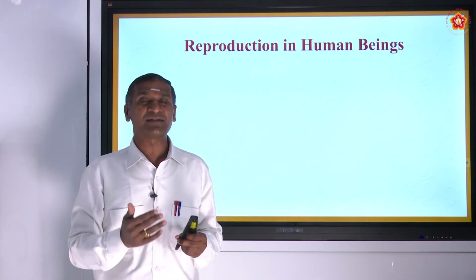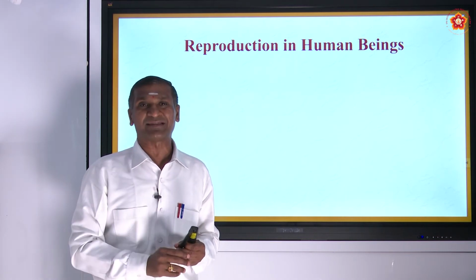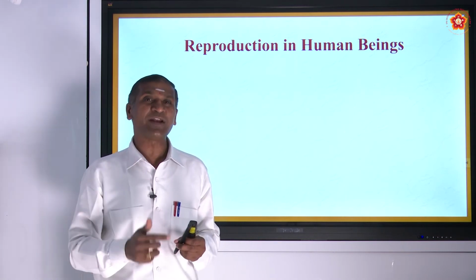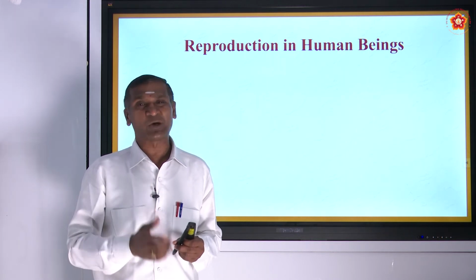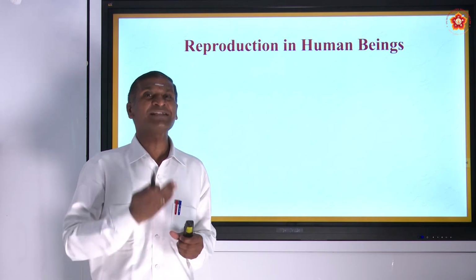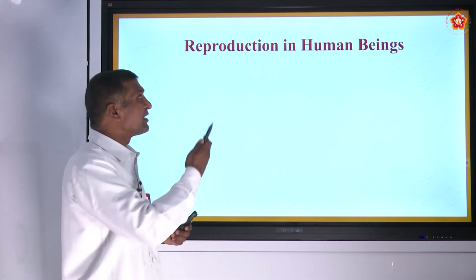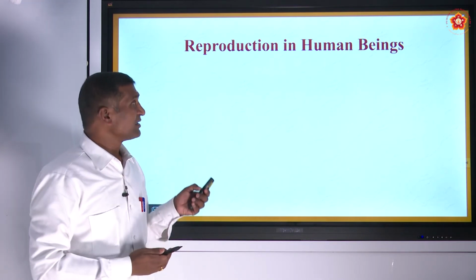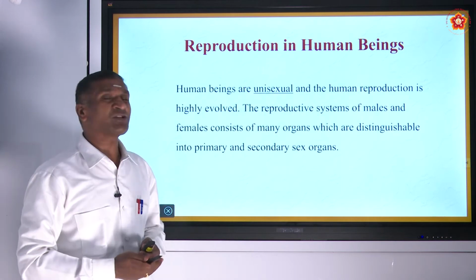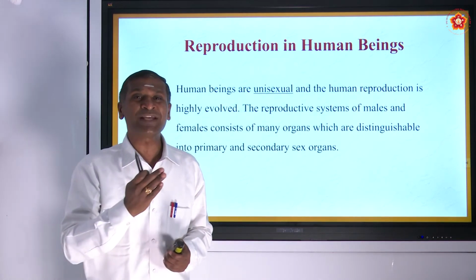Because Atma, the self, the consciousness, has neither birth nor death, to tell you. This body will perish, but the soul will not perish. These are the things which we should realize when we come across the reproduction in human beings. First we should know that human beings are unisexual.